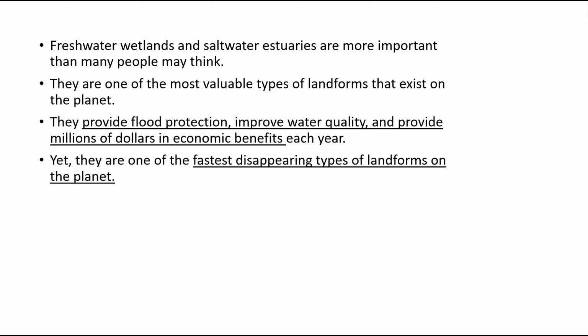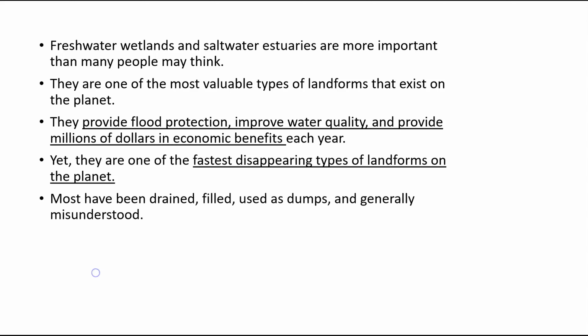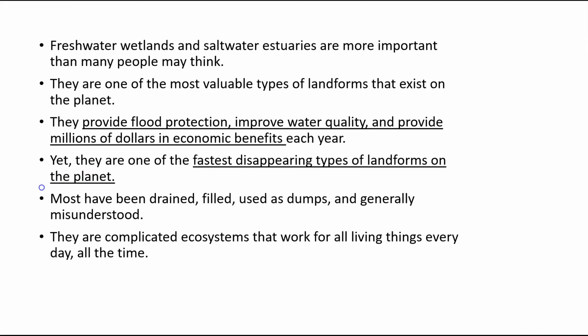All right. Despite these really important ecosystem services, though, they are still among the fastest disappearing types of landforms. Most have been drained, filled, used as dumps, and they're just generally misunderstood. Okay. They're very complicated ecosystems, but they work for all living things.